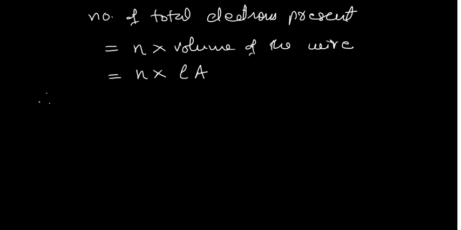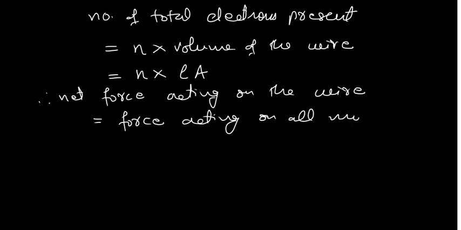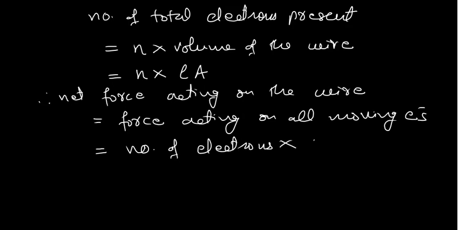Therefore the net force acting on the wire will be equal to the force acting on all moving electrons, which is the number of electrons multiplied by the force on one electron.